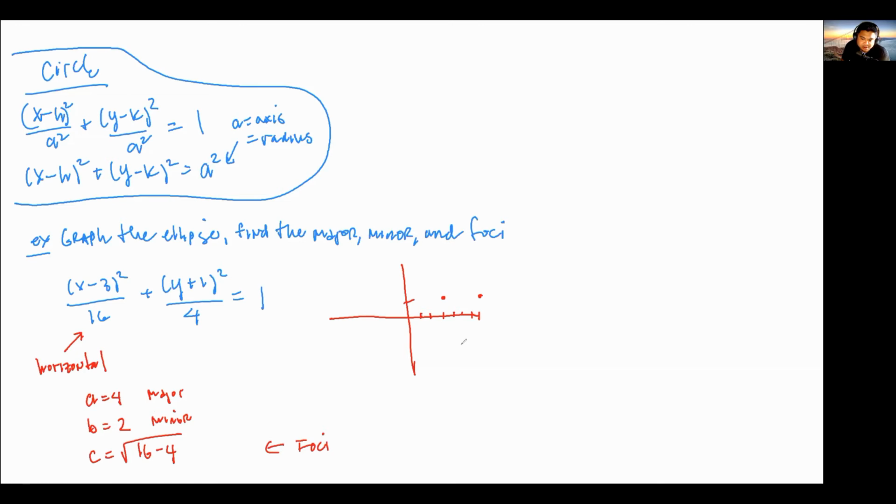So it's going to go to the right 4 and to the left 4. So I'm going to go 1, 2, 3, 4. And it's going to go up 2 and down 2. And hopefully this works.